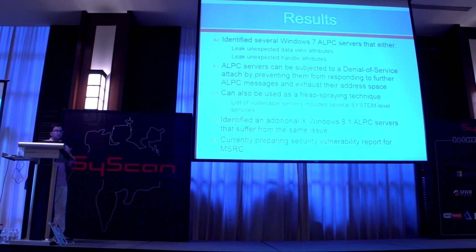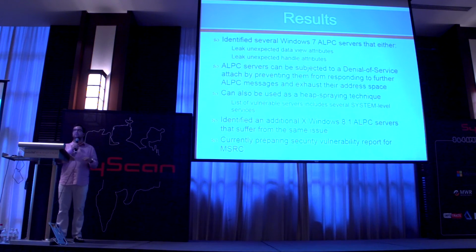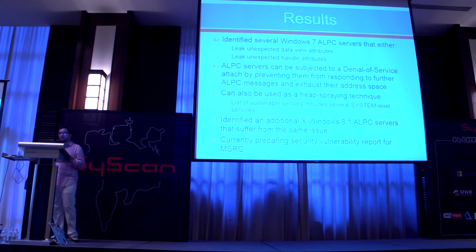And this is with views. With handles, you have the same issue. Remember, you can pass handles between a client and a server. And so if you're receiving handles, but you're not closing them or releasing them by replying to the message, you're going to be leaking handles as well. And leaking handles will exhaust your object table.